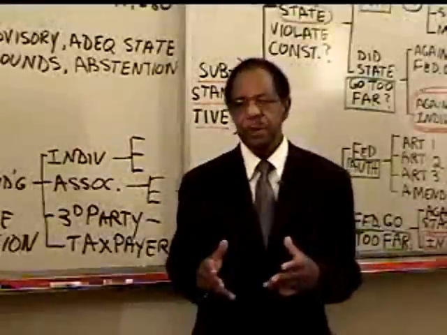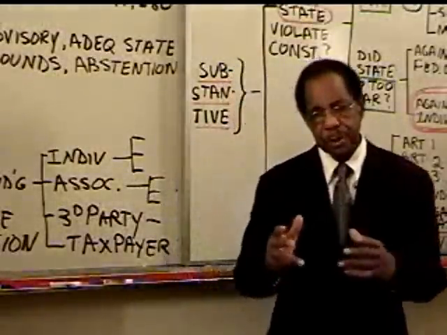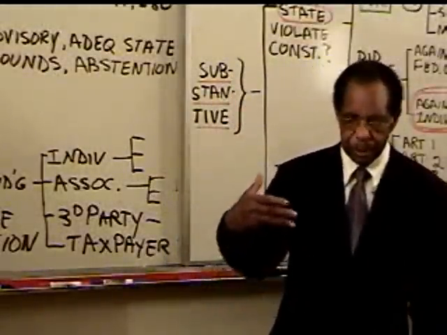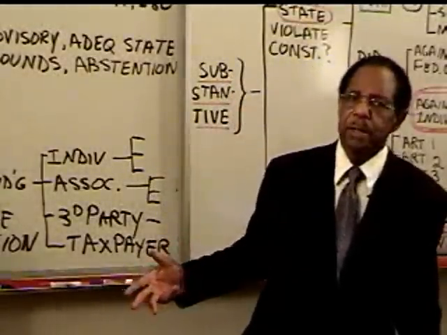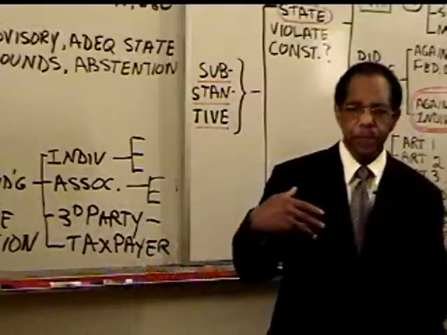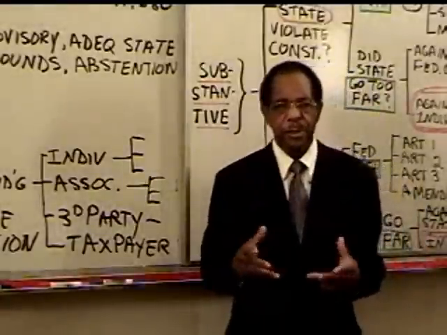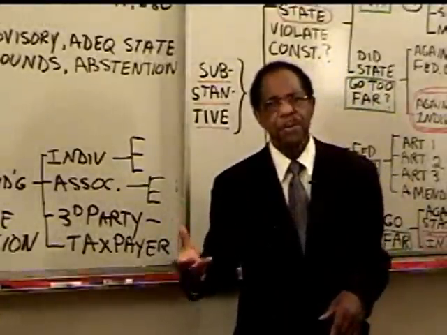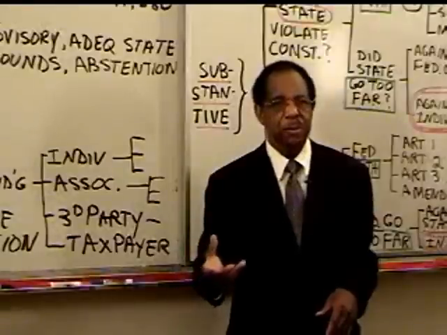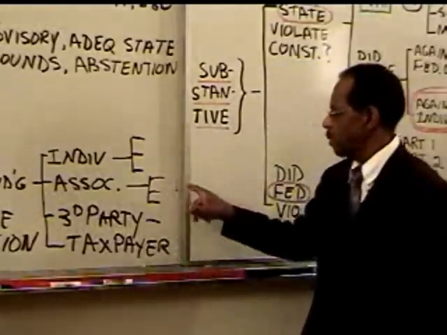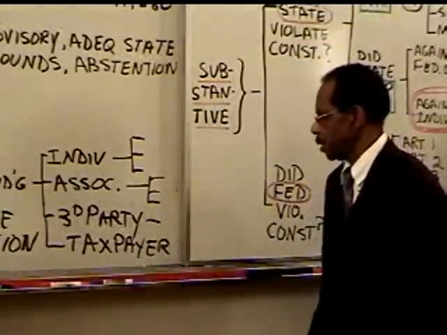But if you're going to get an injunction or declaratory relief, you're going to get the court to declare the state law as unconstitutional, or you get an injunction against enforcing it. If you're going to get injunction or declaratory relief, you don't need participation of the individual members. And those are the requirements for associational standing.